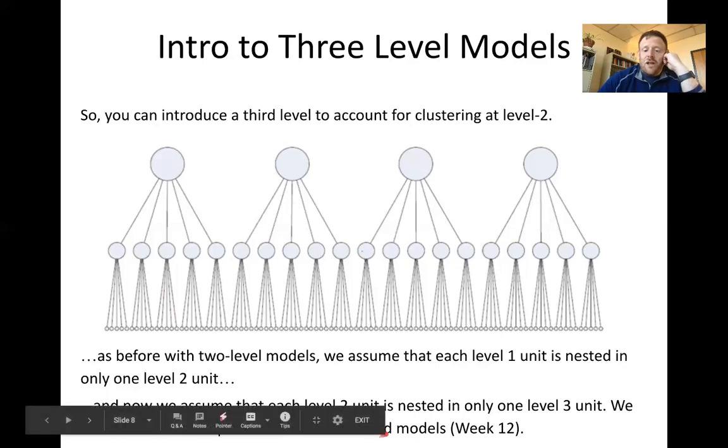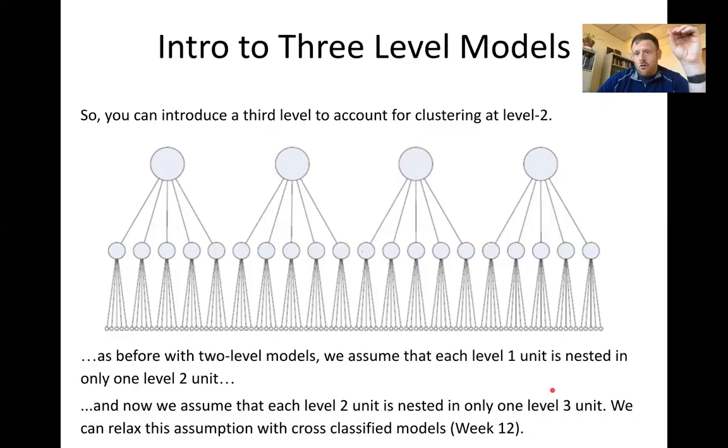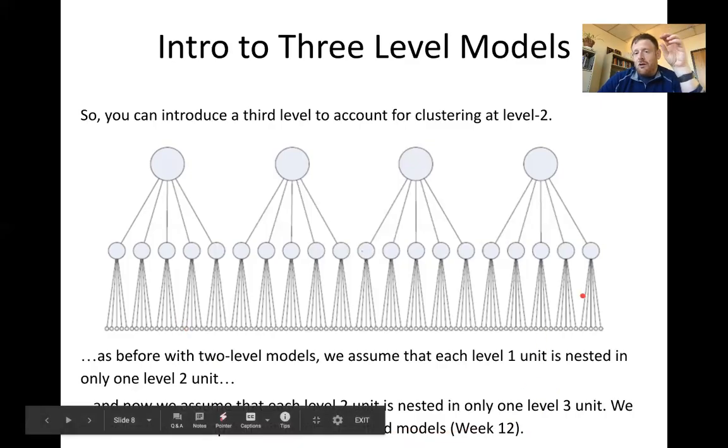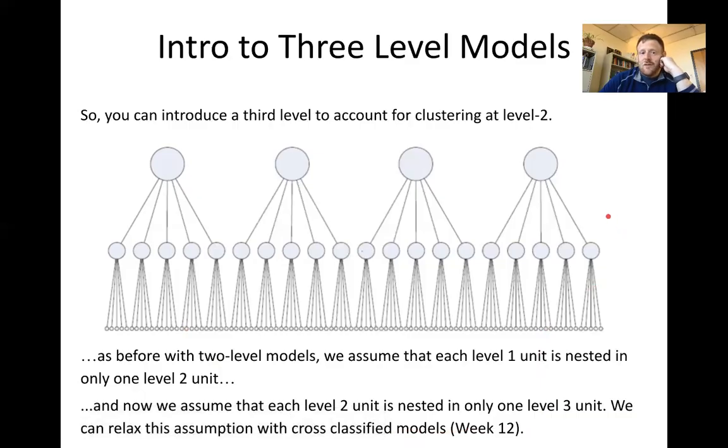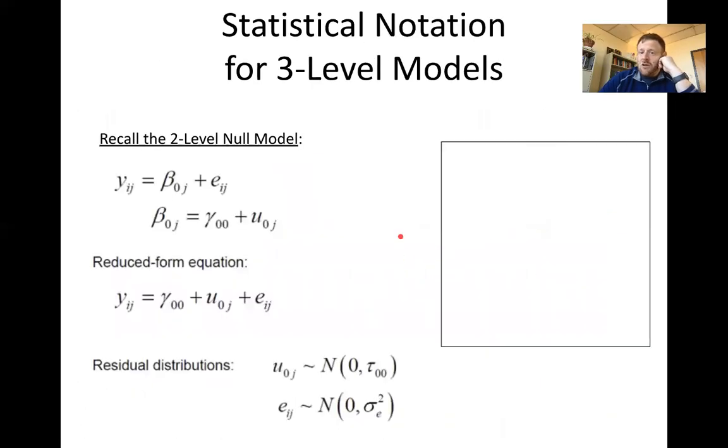And that's what's called a cross-classified model. And we will cover that all the way at the end in Module 11. So one question to ask yourself is the nesting hierarchical? Is the nesting that I'm looking at hierarchical, or do I have cross-level connections between the units? Okay, so we're going to talk just a little bit about the notation.